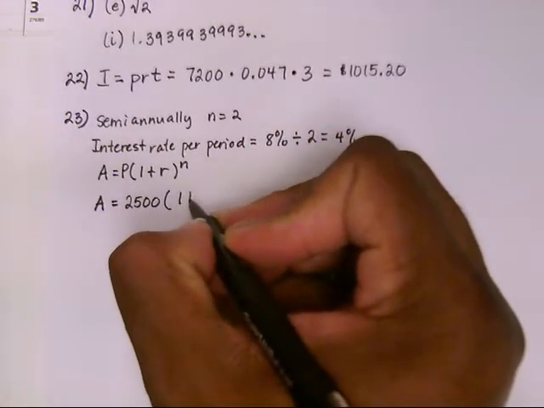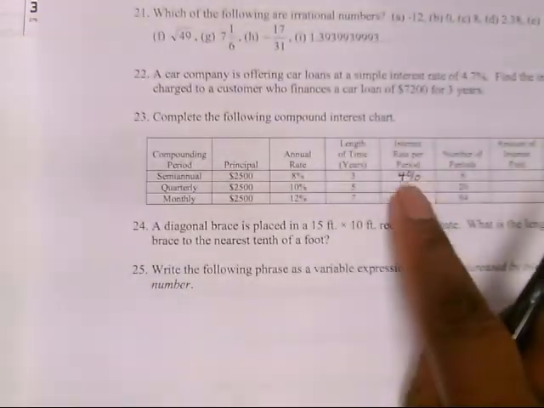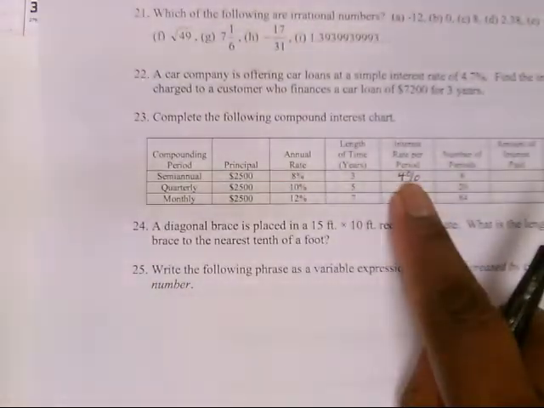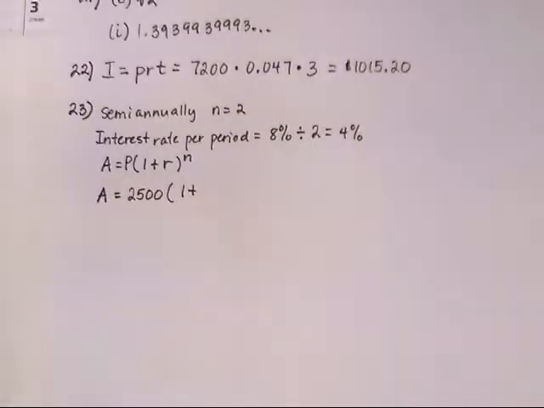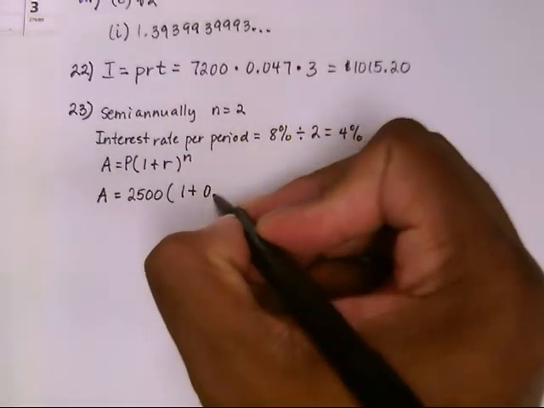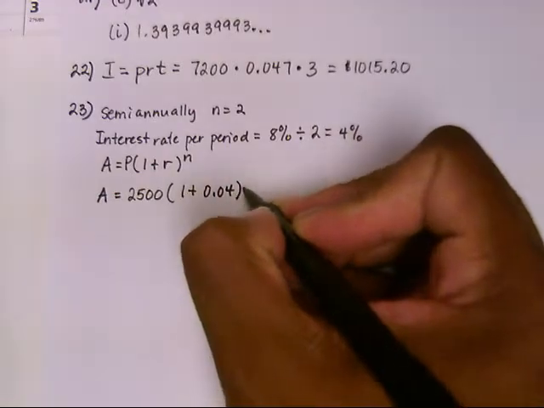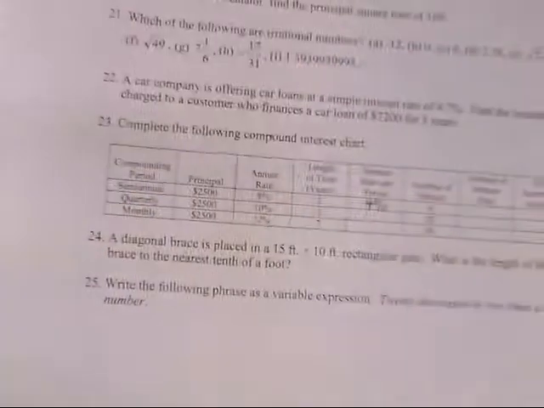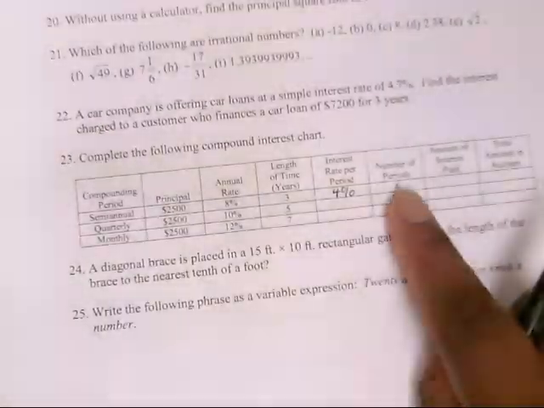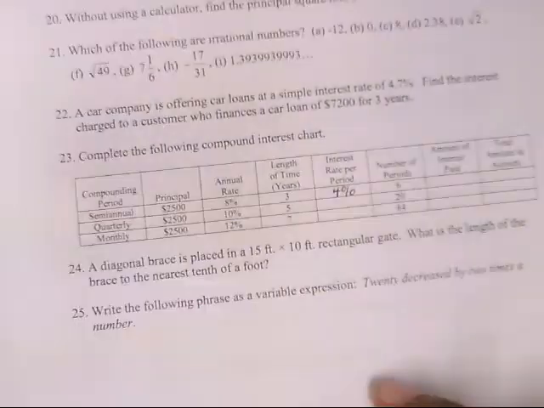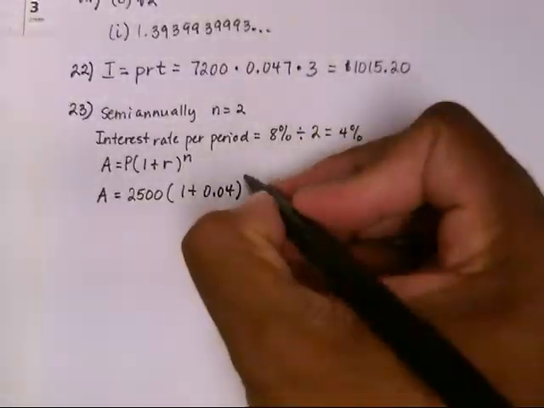That's multiplied by 1 plus the r, which is the interest rate per period, in this case 4%. Now 4% as a decimal will be 0.04, raised to the n, which is the number of periods here. That's 6. That would be your exponent here.